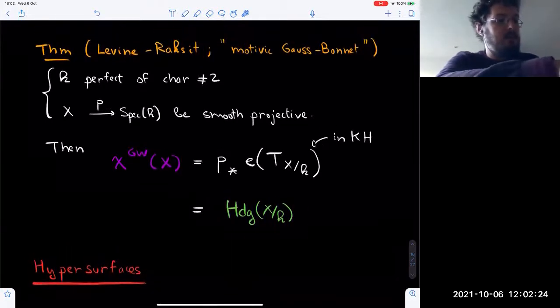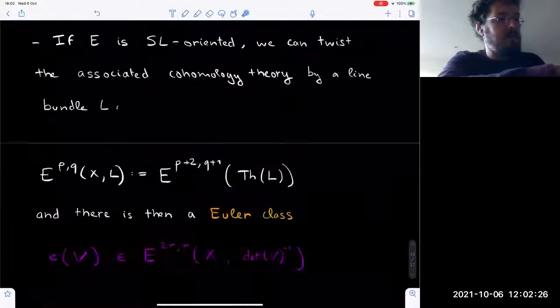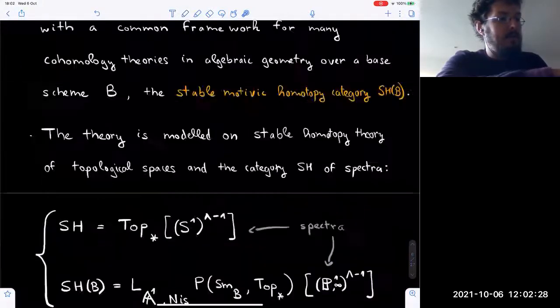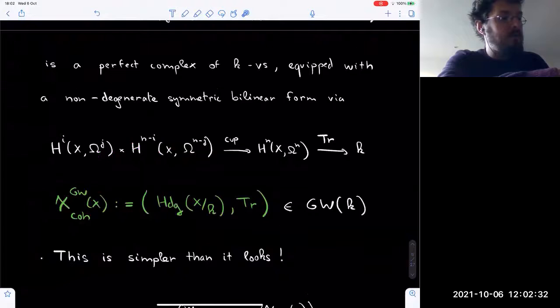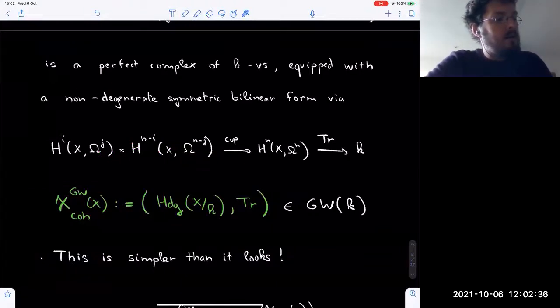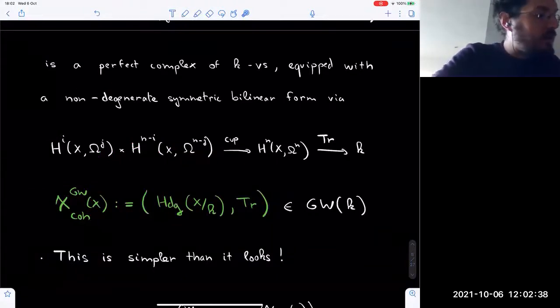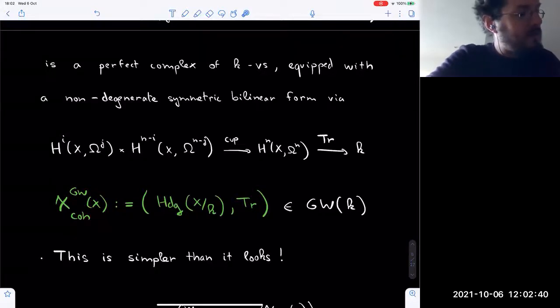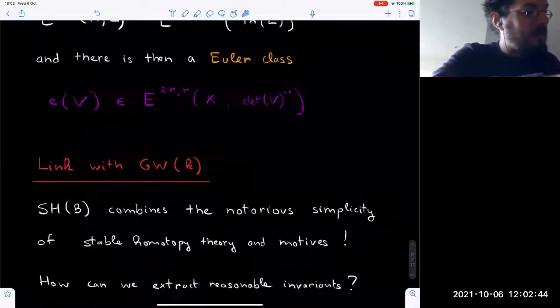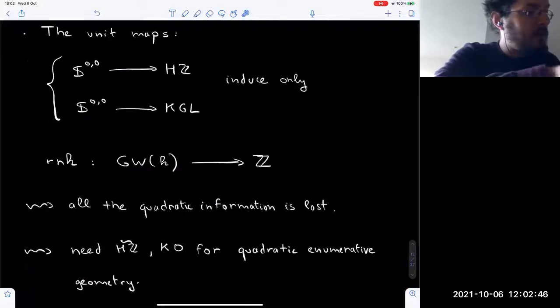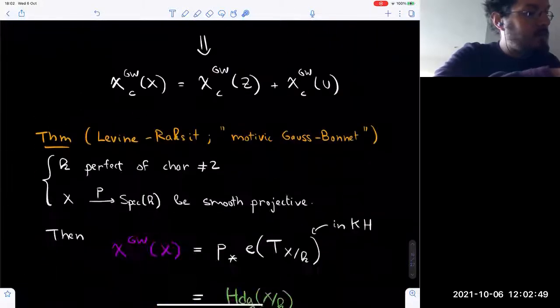So maybe let me just remind you what this was. I guess I already gave it a name, so I could just reuse this name actually. Sorry. So it's this Grothendieck-Witt coherent Hodge class.